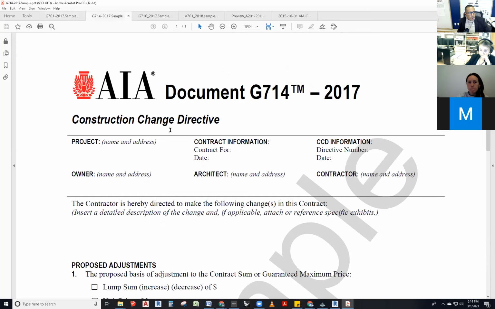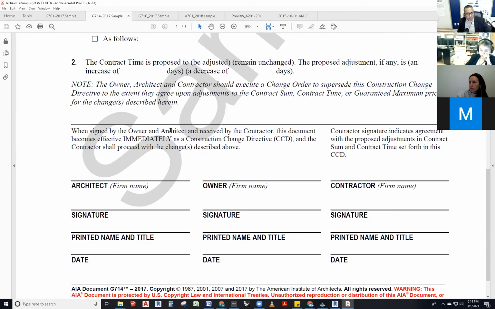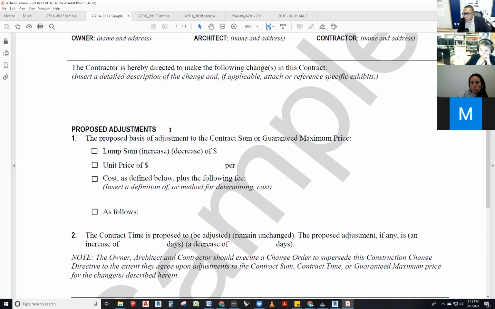We have another document that changes the contract, which is the construction change directive. A construction change directive is slightly different from the change order, in that it does not need to be approved or agreed upon by the contractor when it comes to costs. It is a change that must happen, and we don't care about the costs associated with that change for now.